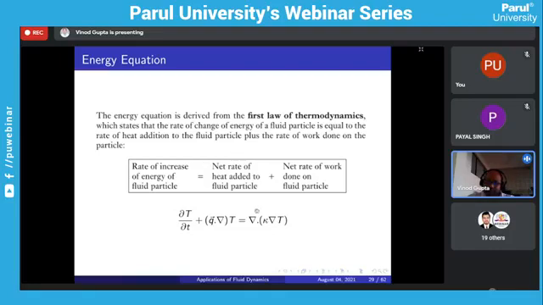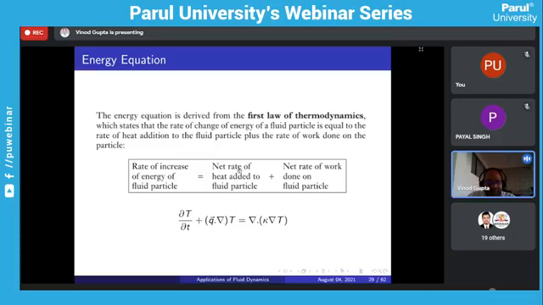So it will be converted into ∇·(κ∇T). The actual expression is that the net rate of heat added to the fluid particle is minus divergence of q, and the value of q is minus kappa grad T according to Fourier's law. So we have used the first law of thermodynamics with Fourier's law.